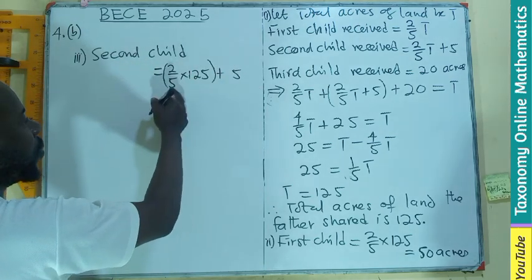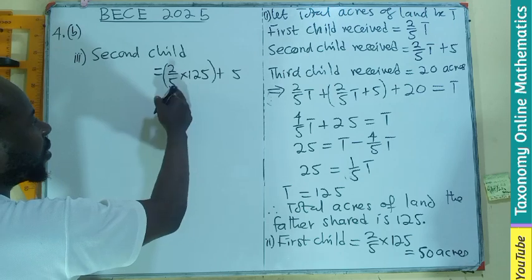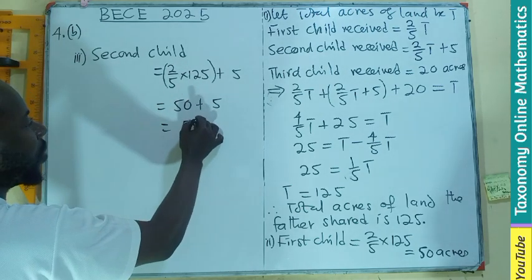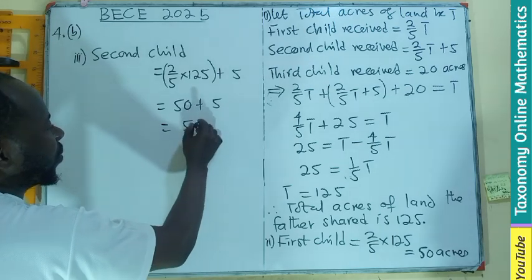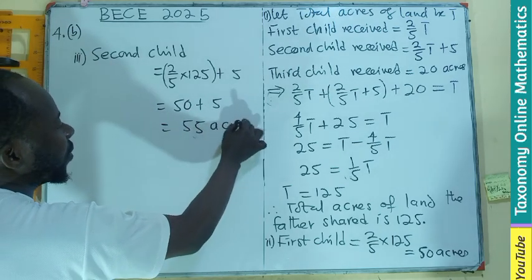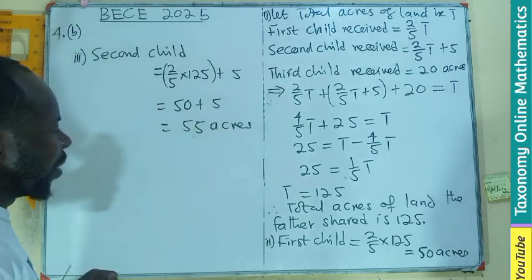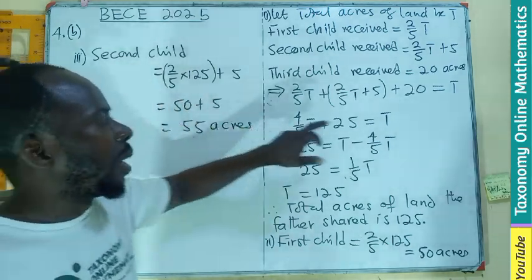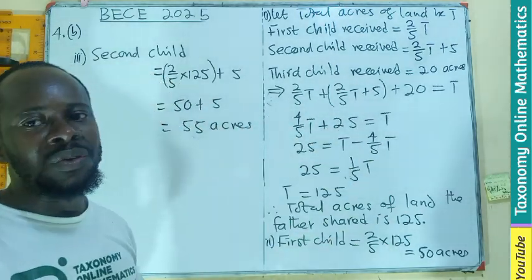This is going to give you 50, right? Plus 5, that's 55, right? So we have 55 acres. Remember, when we add 55 and 50, that's 105. Plus the 20, 125 acres.